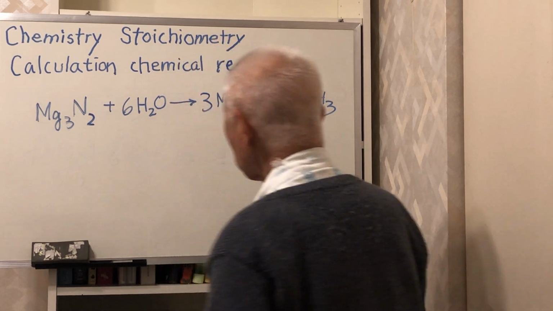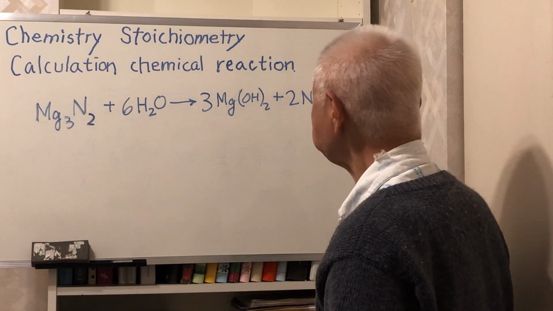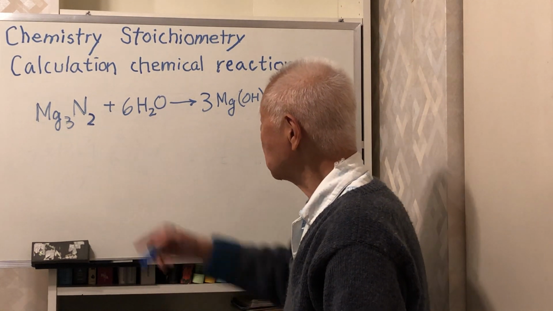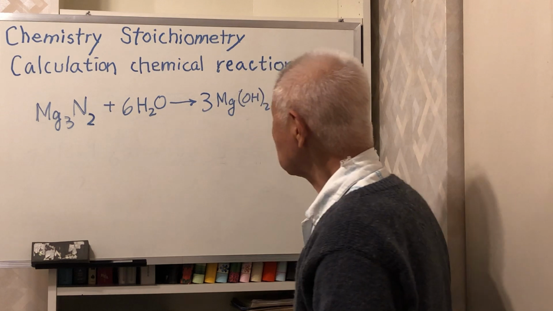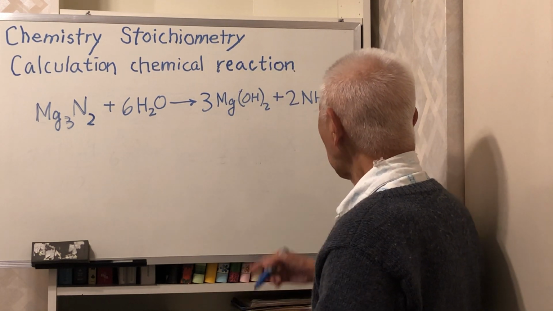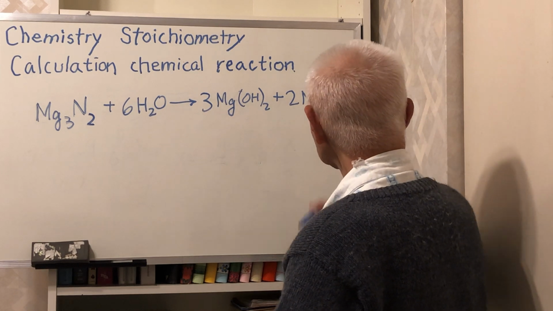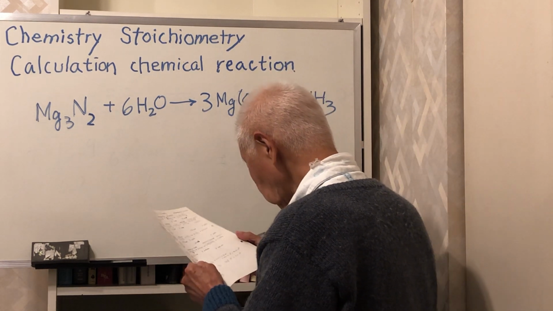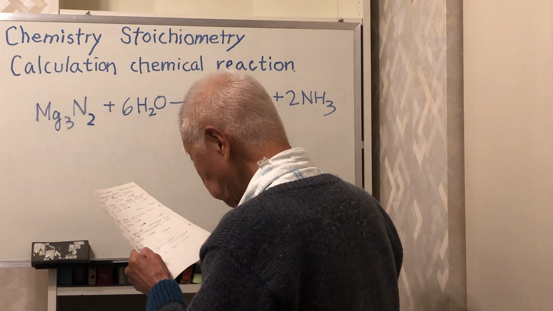Okay, this is the reaction equation. I have magnesium nitride react with water. I have magnesium hydroxide and ammonia. All right, so what is the question?